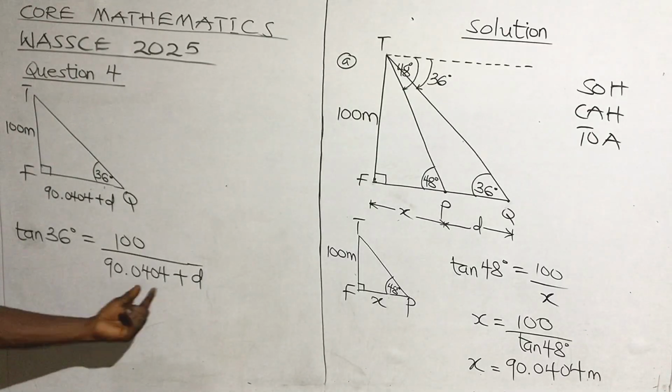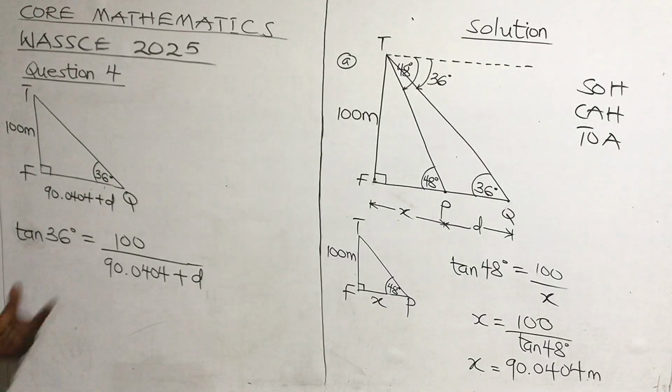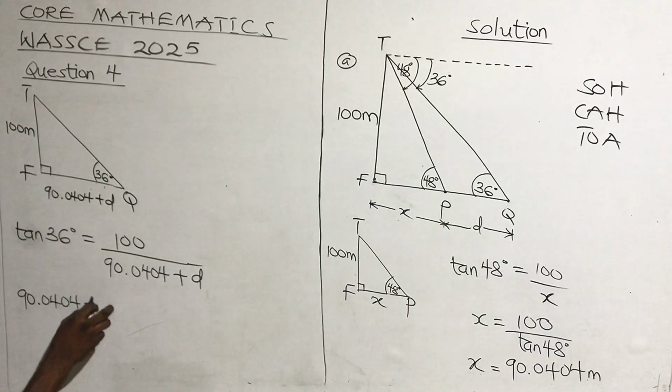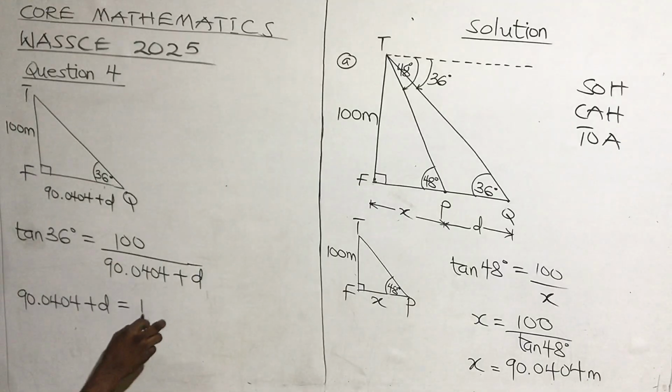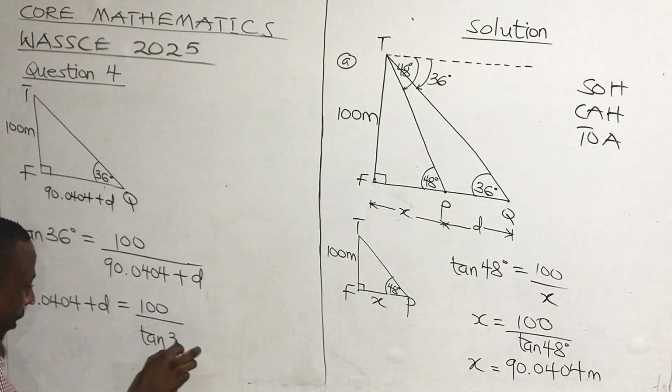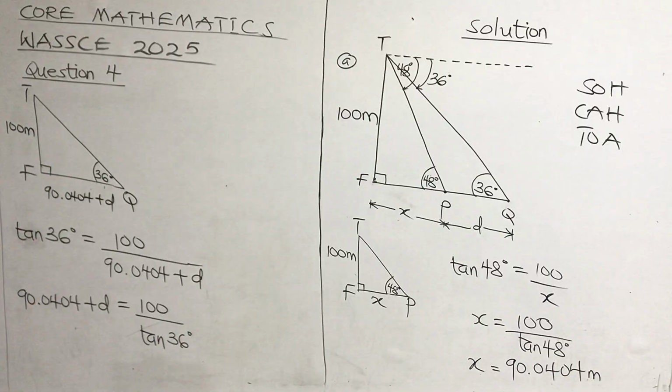So here we are going to swap the positions quickly. So we have 90.0404 plus d is equal to 100 over tan 36 degrees.